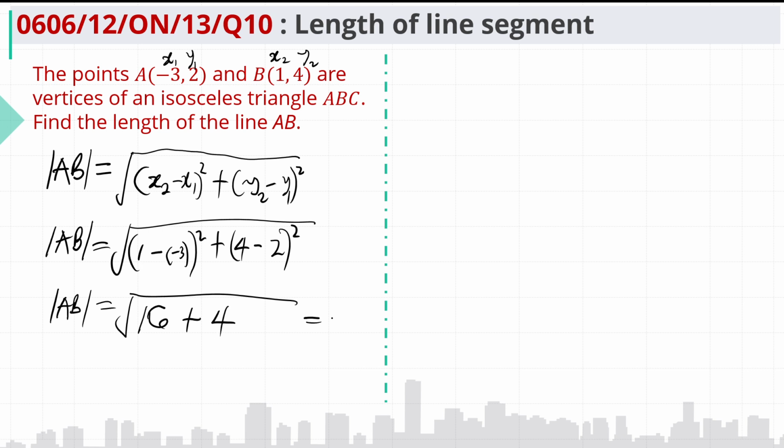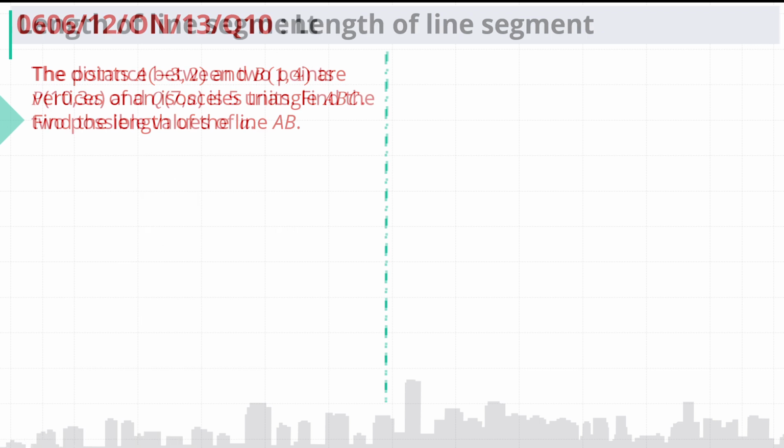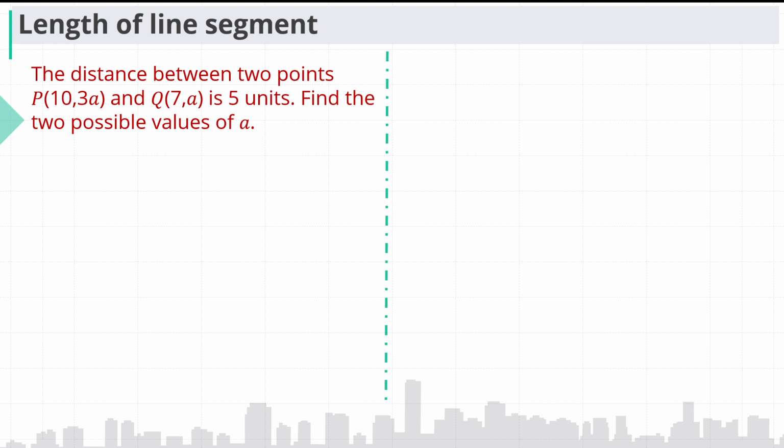So we are getting root 20, which in turn gives 4.47 units. So this is the distance between the 2 points A, B in the XY plane. And next question.